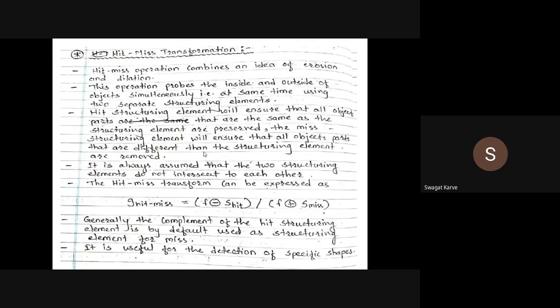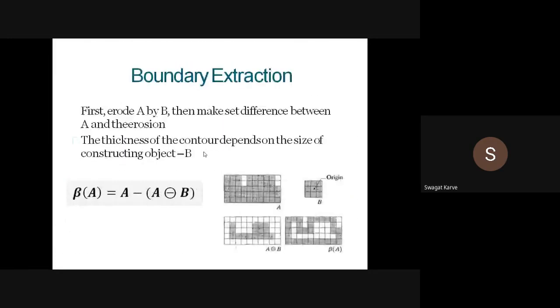You can see here it is useful for the detection of specific shapes. That is the most prominent use of this hit and miss transform. Then we have discussed the thinning, as well as the thickening process.